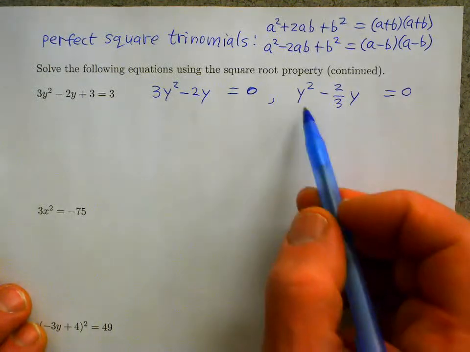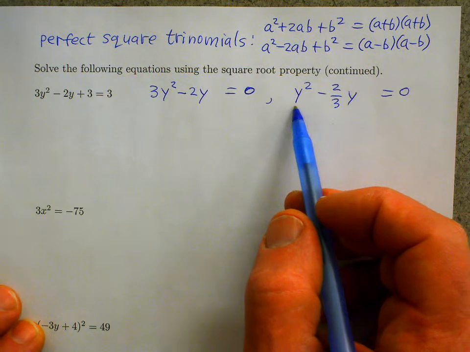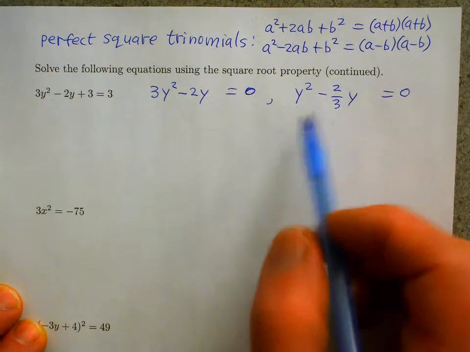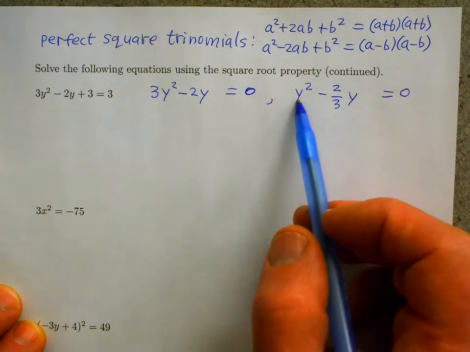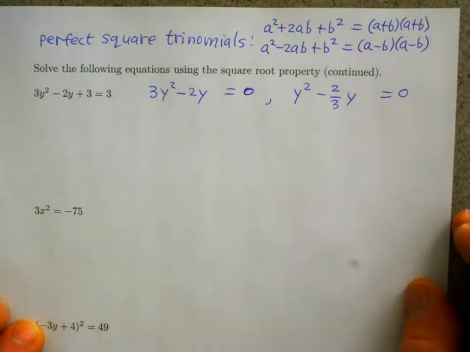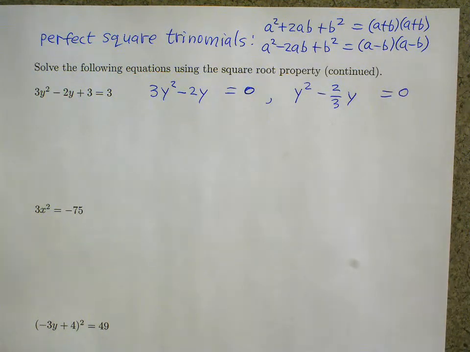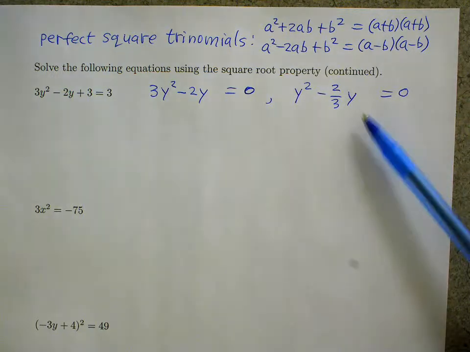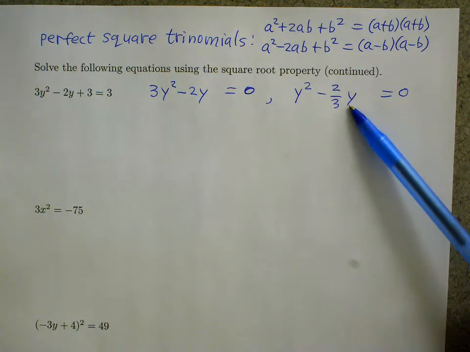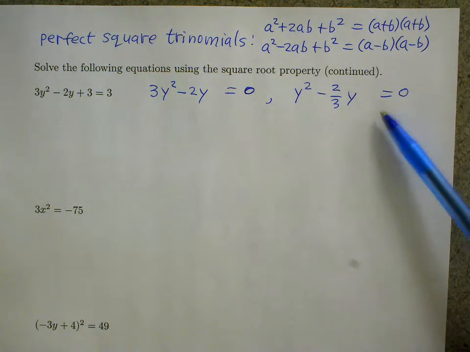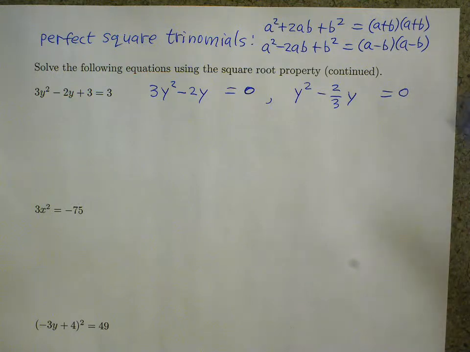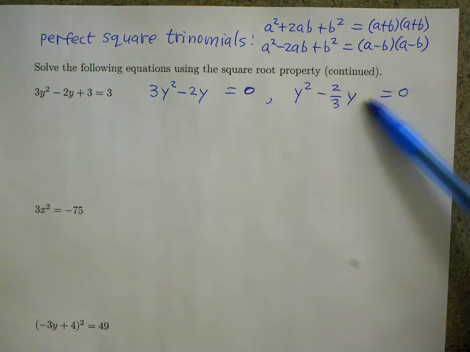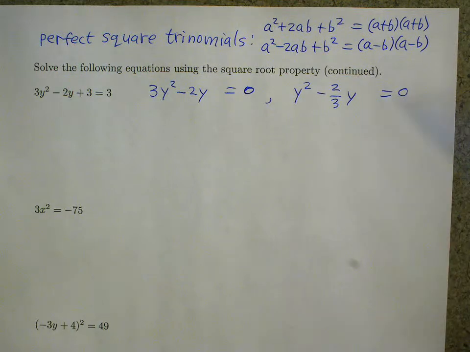So when the coefficient of the squared term is 1, and then the y term is present, and we have no other term here on the left-hand side, we can always create a perfect square trinomial out of that.